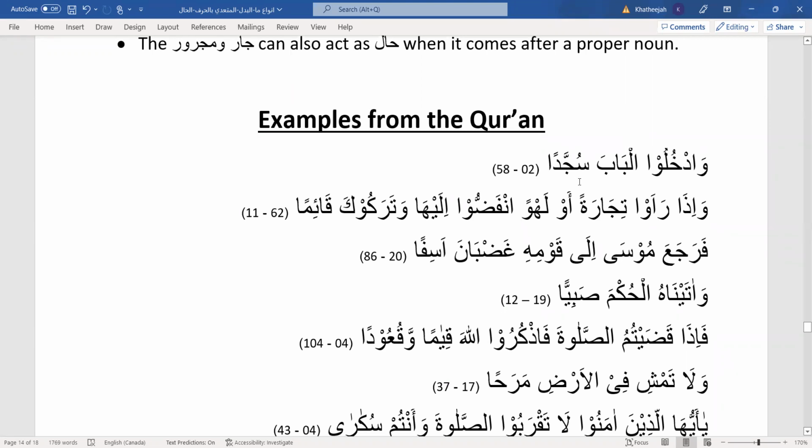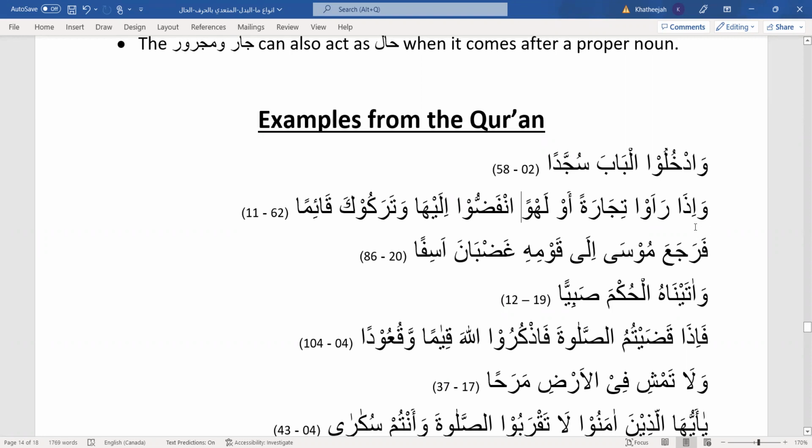It is mansub and is used as a hal. And Dhul Hal is the word you all, antum, inside udkhulu, and they match in gender and number. Okay. And over here, the hal is describing the state of the fa'il in this sentence, antum.